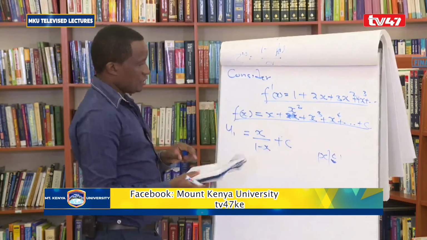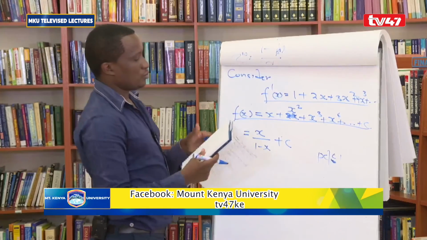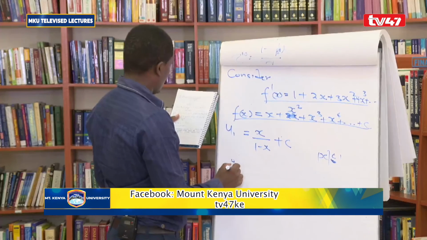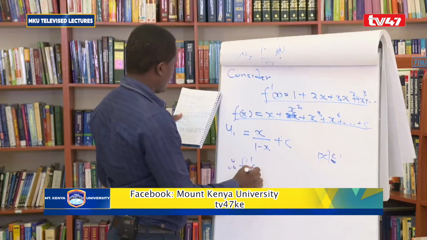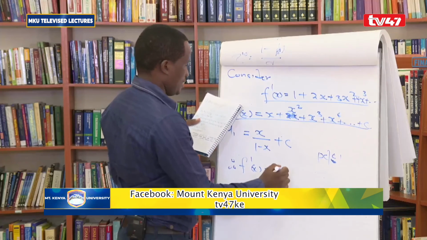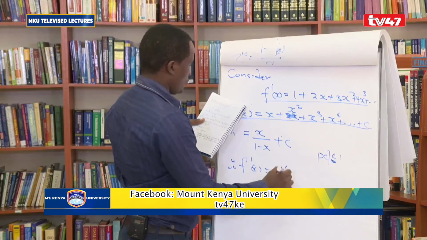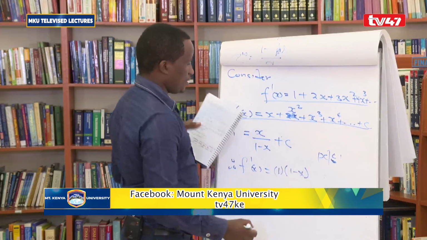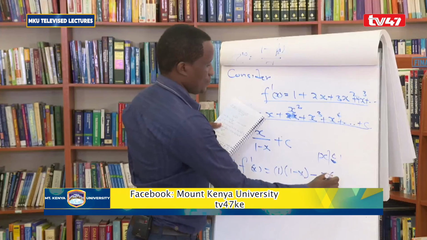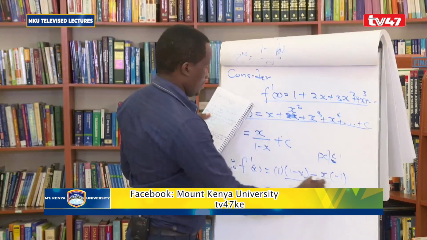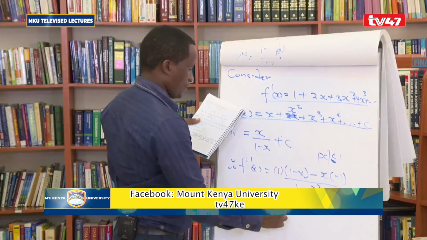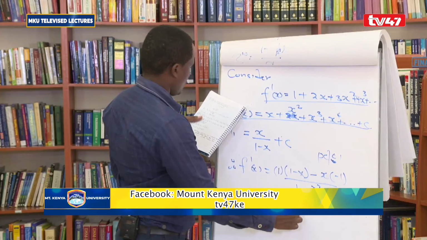Using the same transformation and going back to what we had, f prime of x must be equal to, if we differentiate this with respect to x, 1 multiplied by 1 minus x using the quotient rule, minus x multiplied by negative 1, divided by 1 minus x squared, which is 1 over 1 minus x squared.